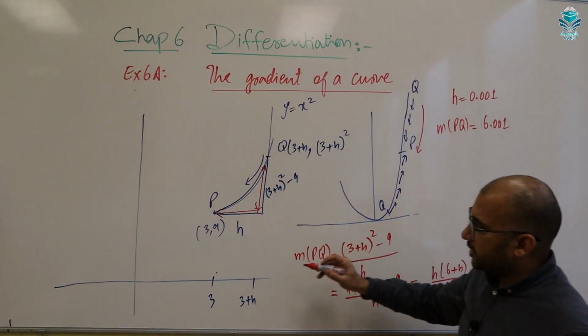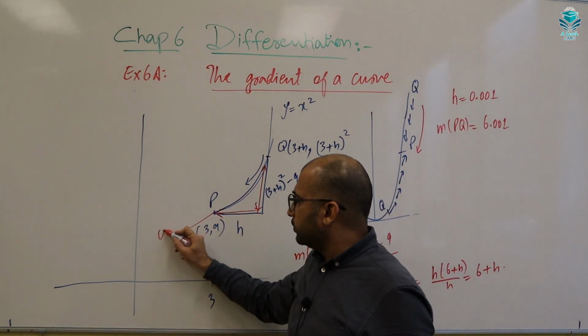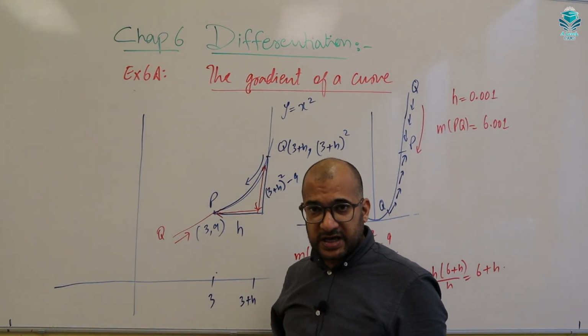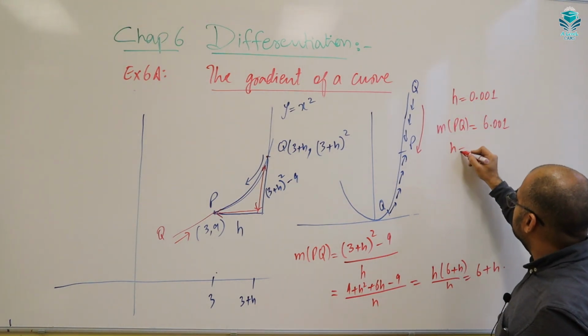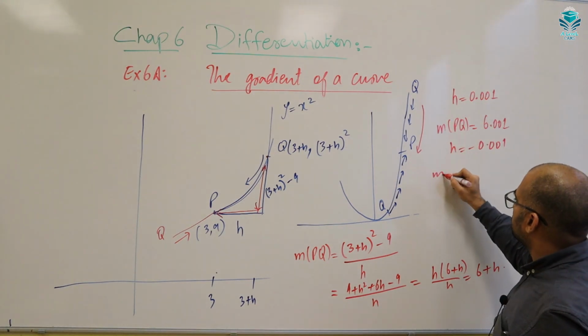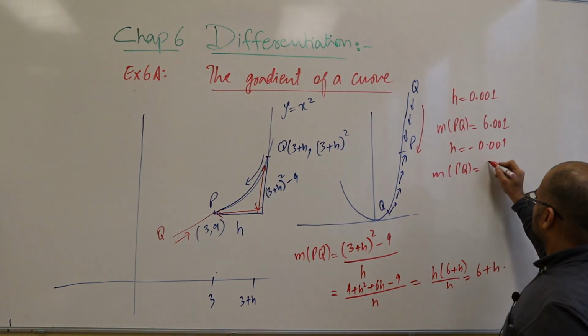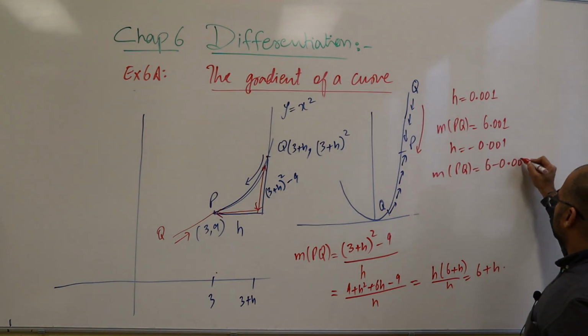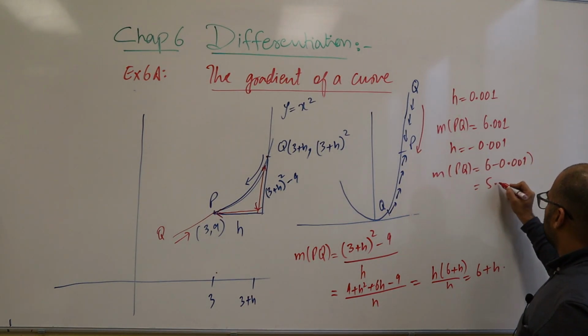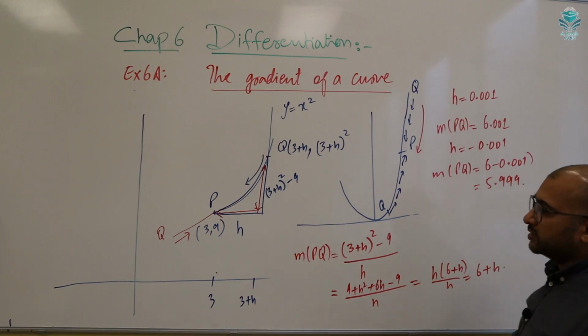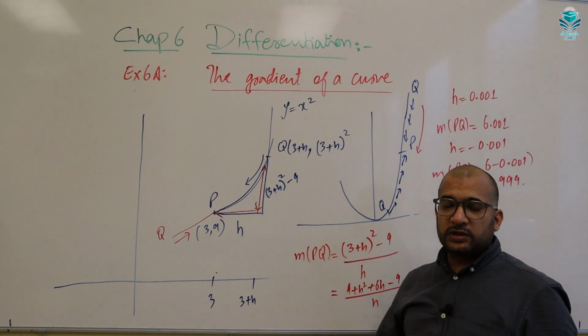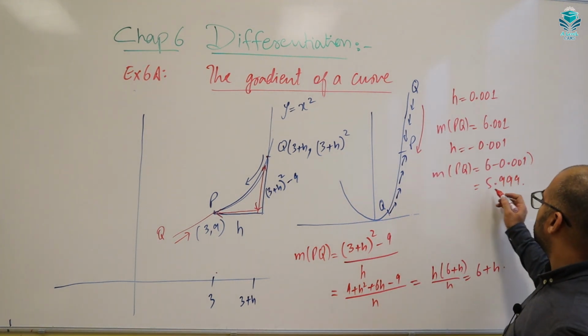If you are taking a point Q here and moving in this direction, you can choose h as negative. So the slope will be 6 minus 0.001, which means 5.999. So the closer h gets to zero, the closer the value of the slope gets to 6.